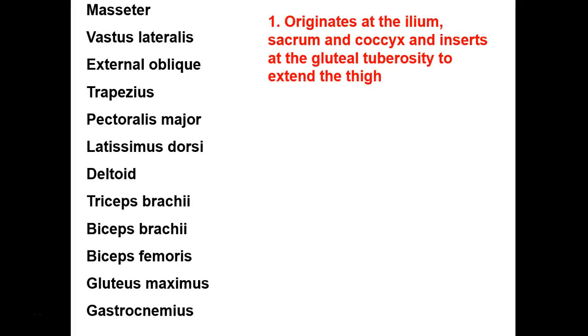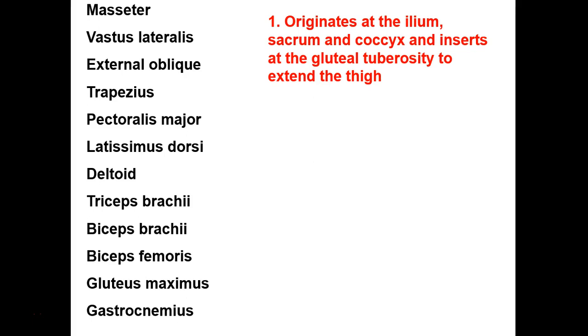For example, on the test, I might say originates at the ilium, the sacrum, the coccyx, and inserts at the gluteal tuberosity to extend the thigh. So that means that it begins at the top of the fan part of the hip bone, at the sacrum, which is the vertebrae that's between the hip bones, the coccyx, which is the tailbone, so that tells you you're on the back side of the body.